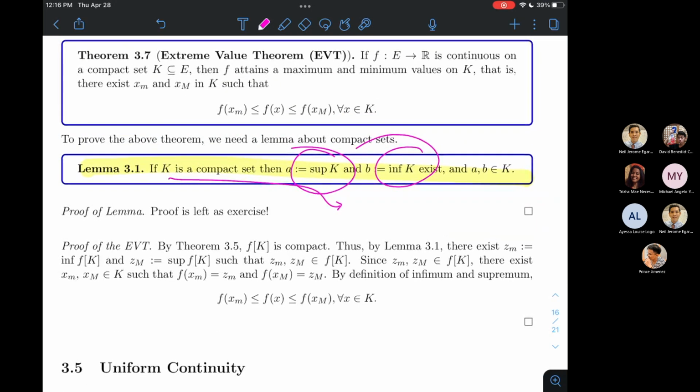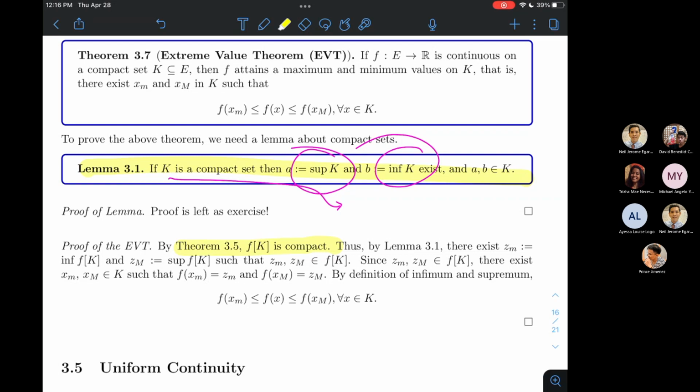Okay. So ang assumption natin dito ay si F ay continuous, tapos si K ay compact. Gusto nating ipakita that F attains a maximum and minimum inside of K. All right. So let's see. K is compact. So by Theorem 3.5, the preservation theorem, yung F bracket K ay compact pa rin. Okay?